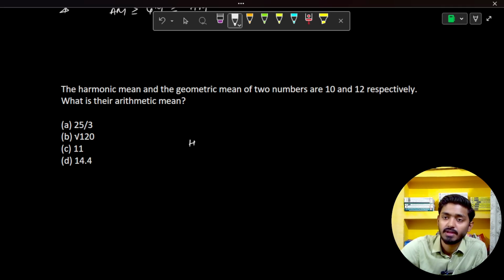Okay, let's use the same here. The value for harmonic mean has been given, which is 10. The value for geometric mean is given, which is 12. You're supposed to find the value for arithmetic mean.